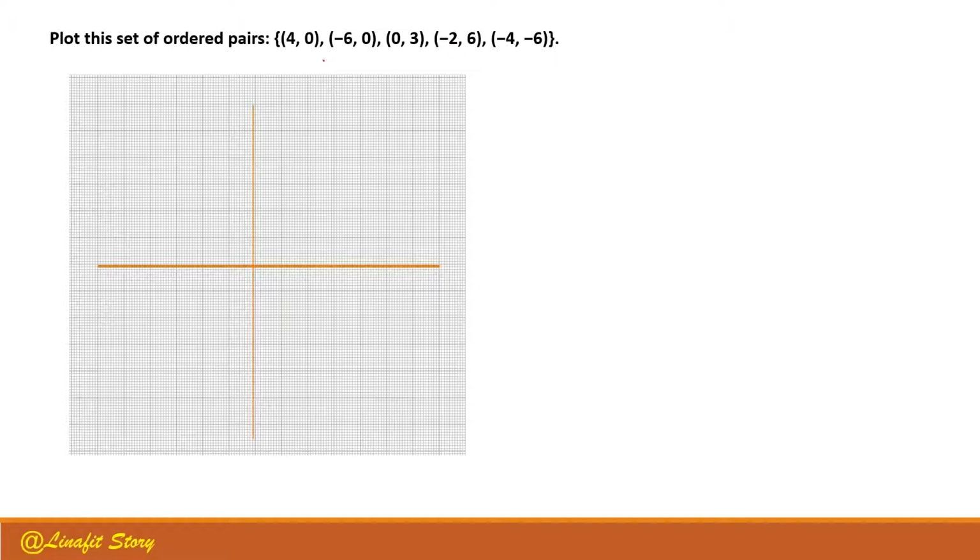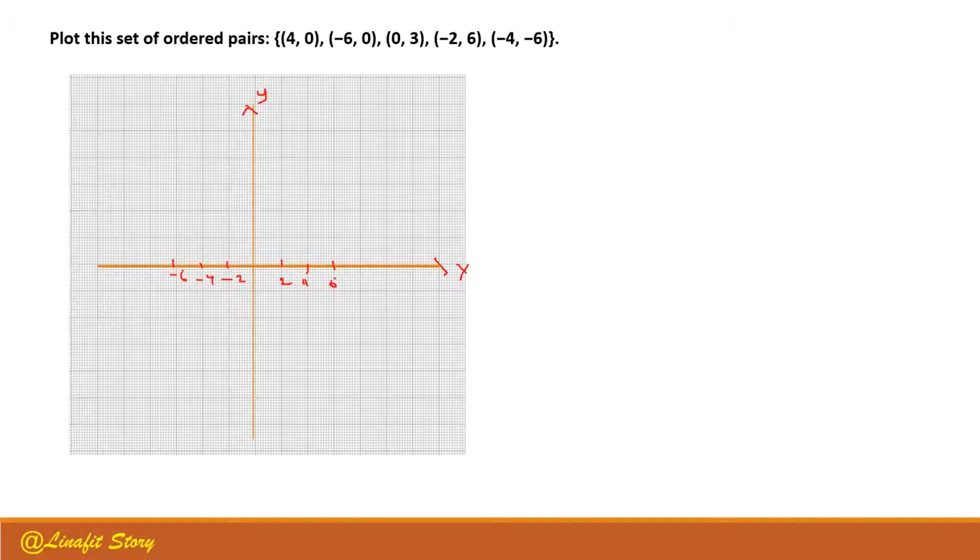For the y-axis, there are 0, 0, 3, 6, and -6. So for example, over here this is x, and here is y. Then I write over here, on the right side, 2, 4, 6, while on the left side, -2, -4, -6.